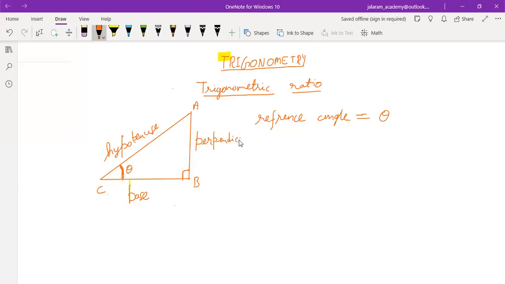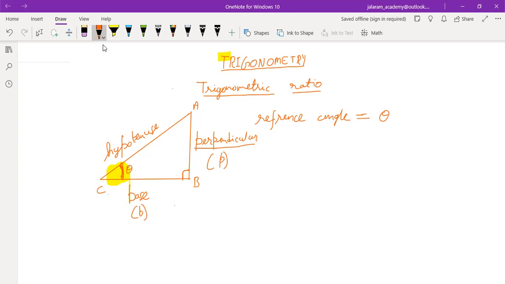So there are three sides of a right angle triangle. The first one, the side opposite to the reference angle, is called perpendicular and is denoted by small p. The second, the side adjacent to the reference angle, is called base.